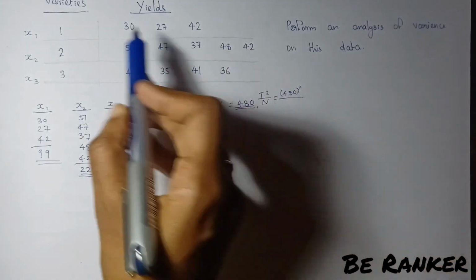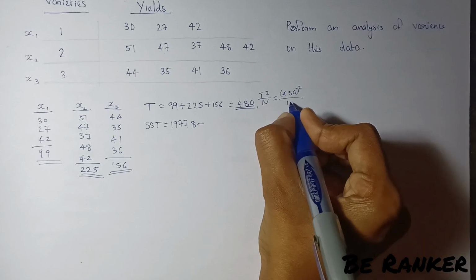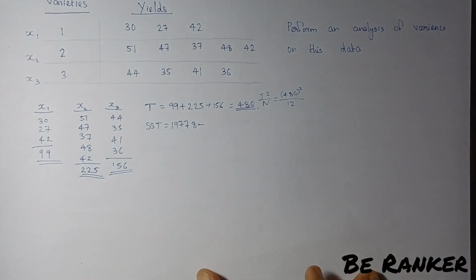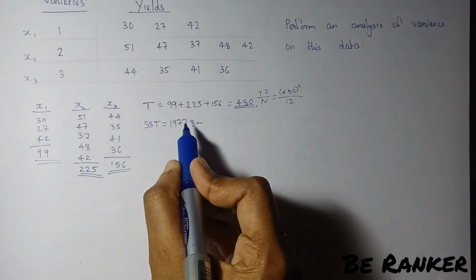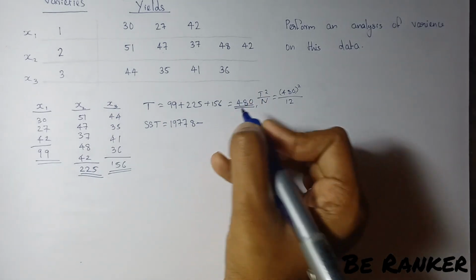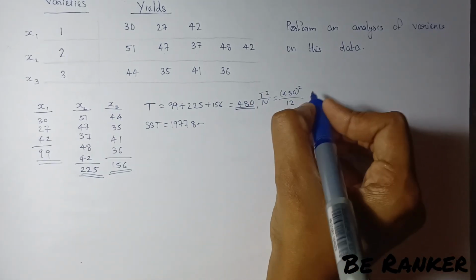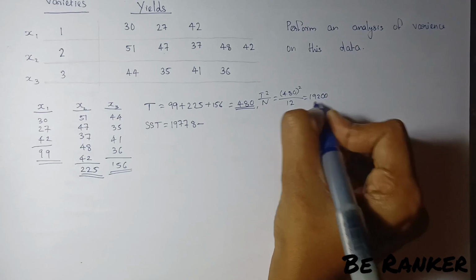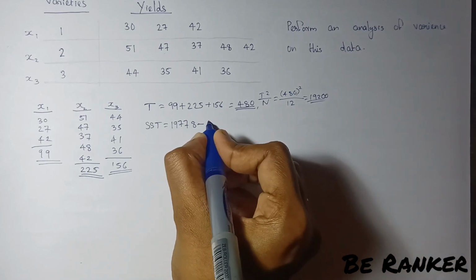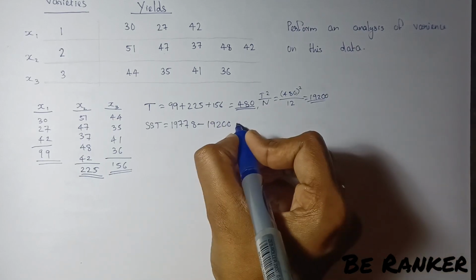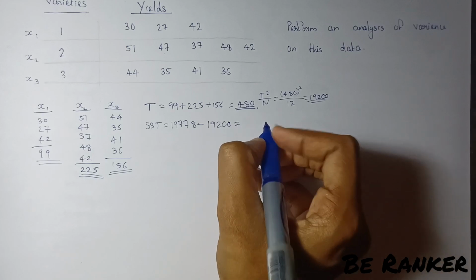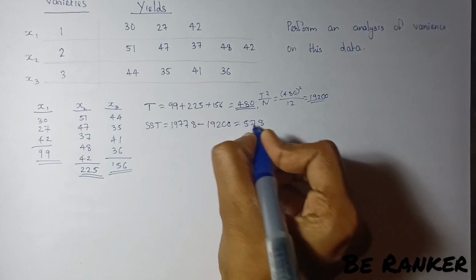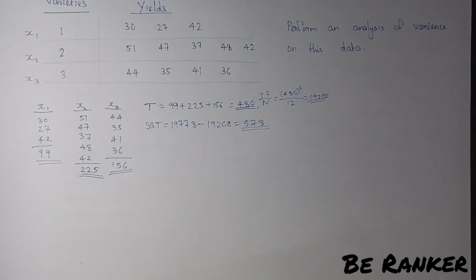So SST is the sum of squares of all observations, 19778, minus T square by N, which is 19,200. And here the value of SST is 578.